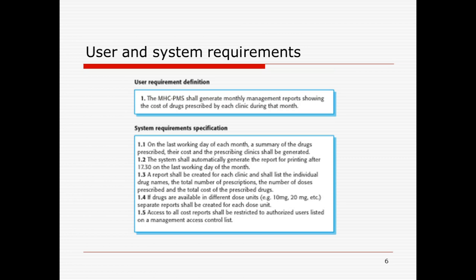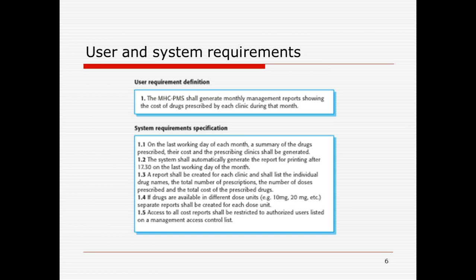Now when this is broken up by the implementer, that is the software development company, and understood, that is the detailed description of this particular user requirement. Okay, that is the system requirement specification. If you read this, it is 1.1, 1.2, 1.3, because that one requirement, the first requirement, is broken up into 5 parts.